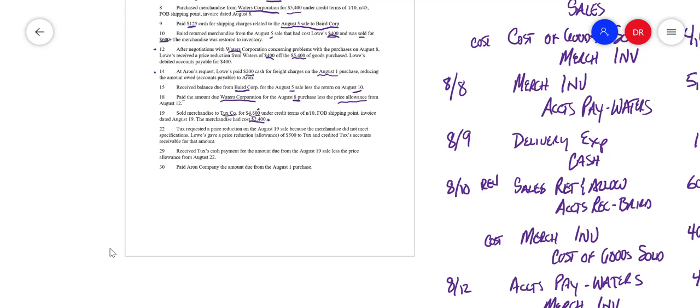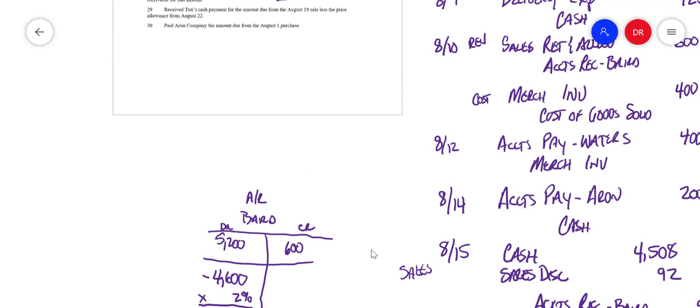Then on the 22nd, Tux requested a price reduction on the sale because the merchandise did not meet specifications. Lowe's gave a price reduction, an allowance, they just told us what they did, of $500 to Tux and credited Tux accounts receivable for that amount. So they just told us what journal entry we need to make.